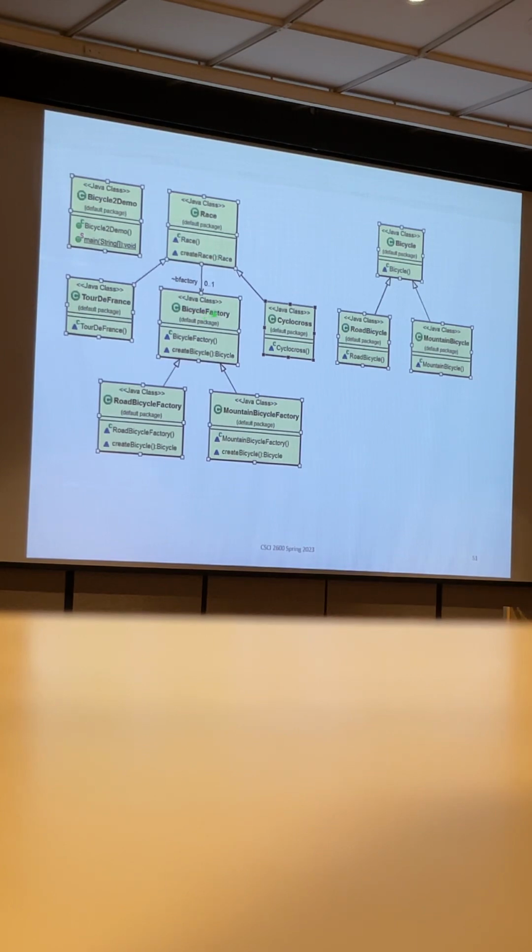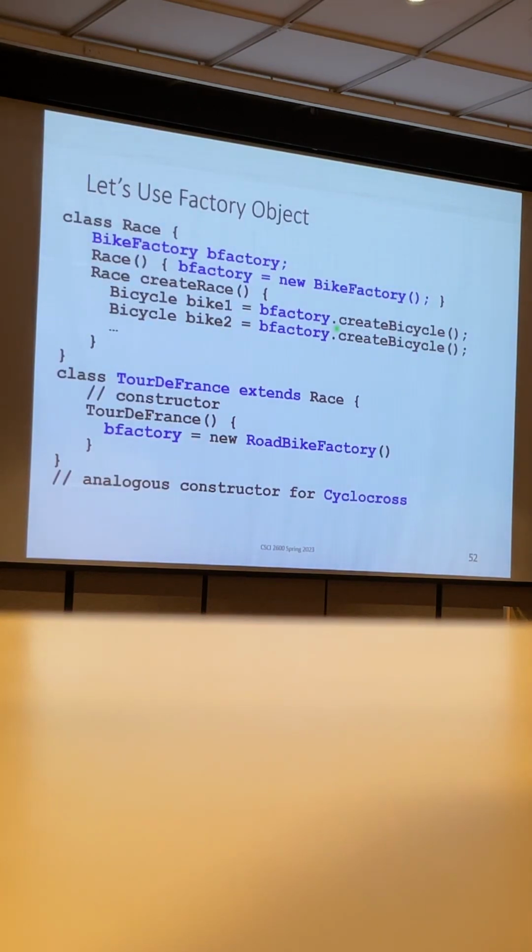So bicycle factory is inside of race. Race includes bicycle factory through composition. Right, so that's the example of the usage of this bicycle factory. So here we have the constructor, and when we are creating a race, we are creating bicycles, like just calling the B factory.